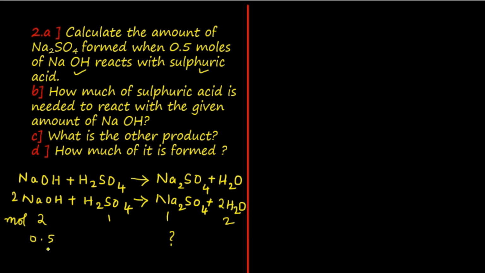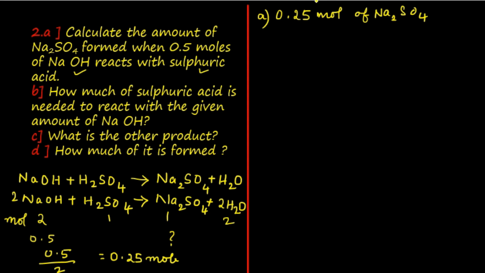So for 0.5, how much will be formed? This can be found out by dividing 0.5 by 2. The answer will be 0.25 mole. So the answer for the first section A, 0.25 mole of sodium sulfate.